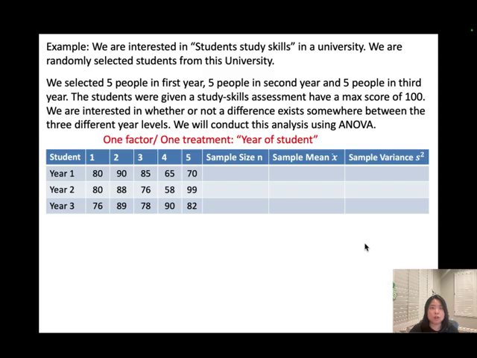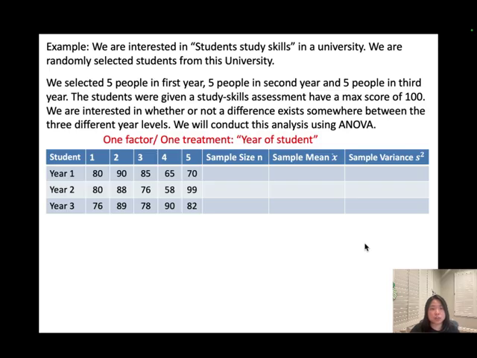Look at this example. We are interested in student study skills in a university. We randomly select students from this university: 5 people in the first year, 5 people in the second year, and 5 people in the third year. The students were given a study skills assessment with a maximum score of 100.